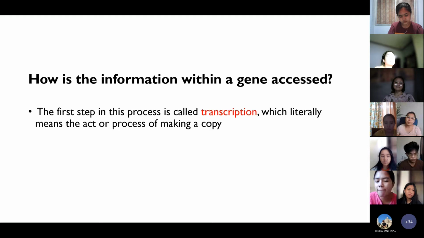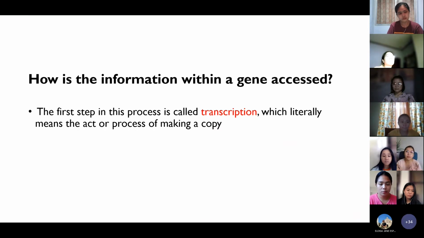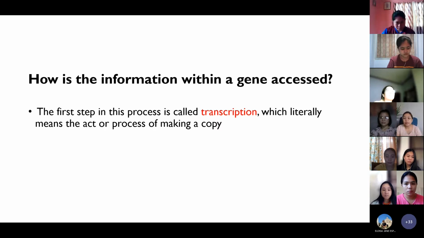The primary function of our genetic material, which is our DNA, is the storage of information needed to make up a living organism.